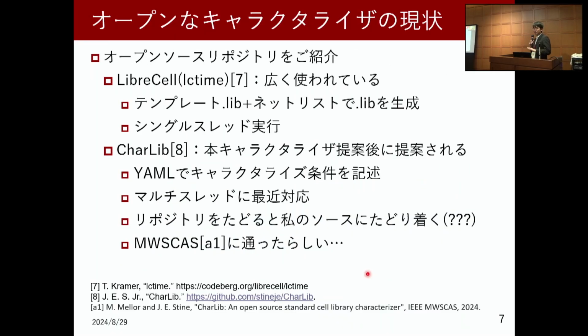So this is the main issue for open source characterizers. Sometimes LC Time is somewhat common in this field. But the issue is that LC Time is a single-thread simulation, so the characterization speed is not good.